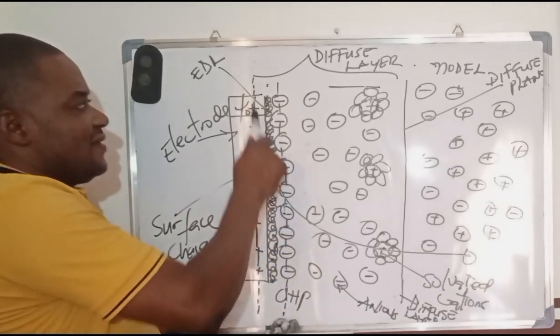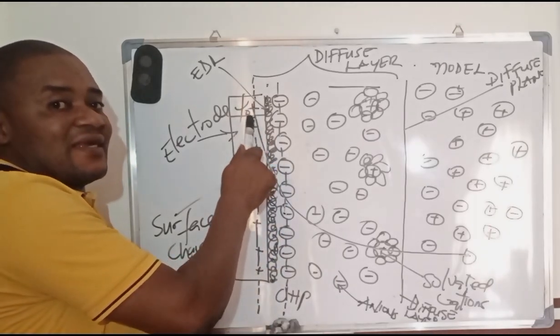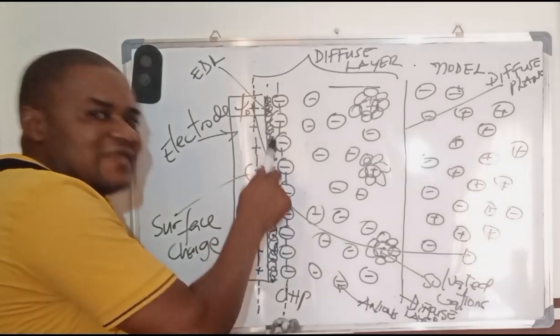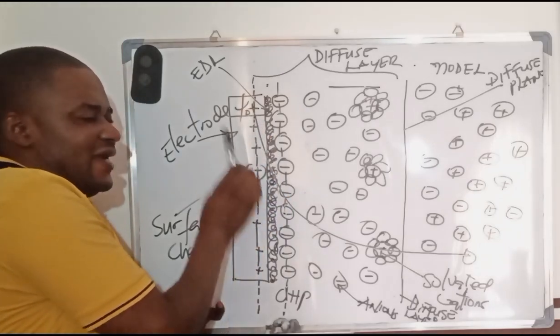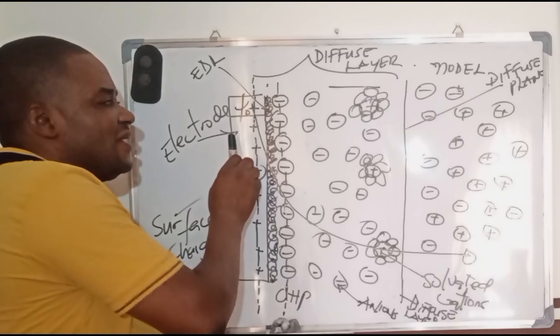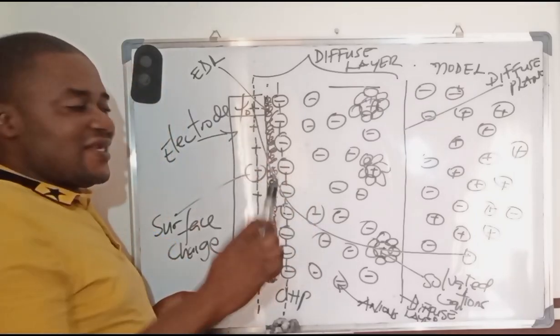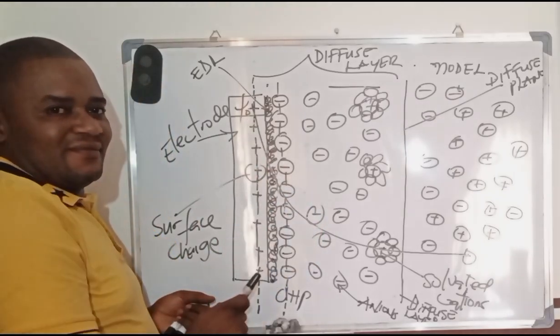And given the higher excess charge density on this electrode, it can allow diffusion of the excess ions into the solution.